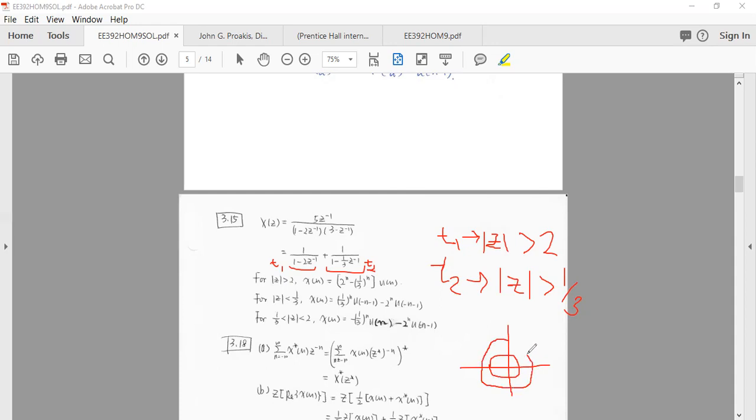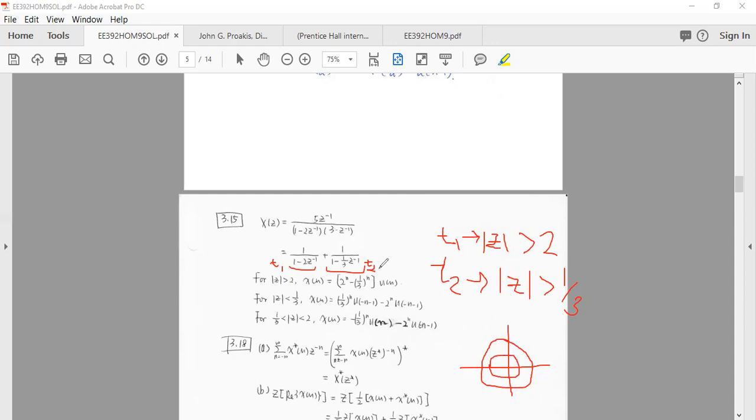So the inner circle has a radius of 1/3, and the outer circle has a radius of 2. Based on both of these definitions, for the signal to be causal, it has to fall on the outer side. So for a causal signal, it has to fall on the outer side.